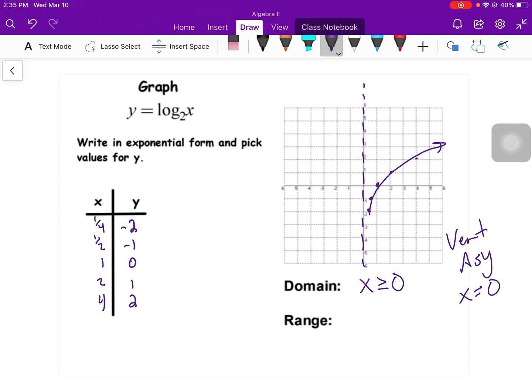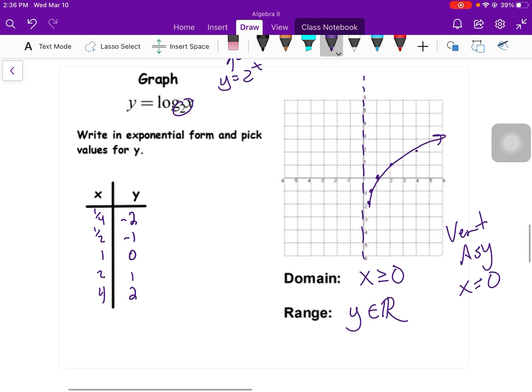And my range is now all real numbers. Now, I picked exponential growth, so y equals 2 to the x for my table up above, because this was base 2. If it was base 3, then I would do 3 to the x. If it was base 10, I would go 10 to the x.